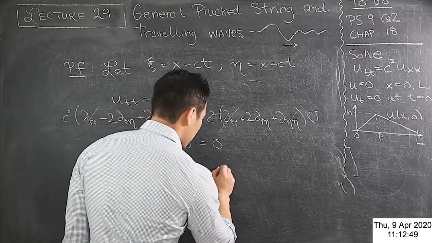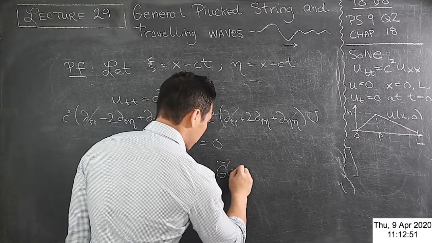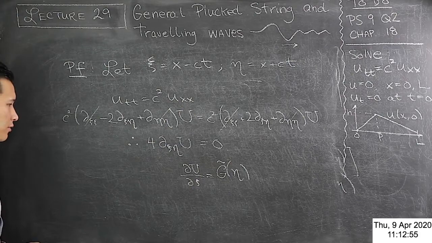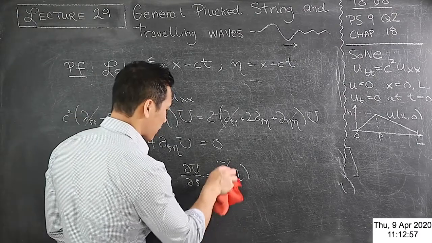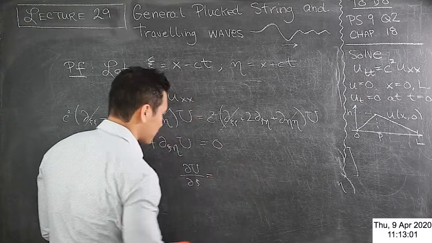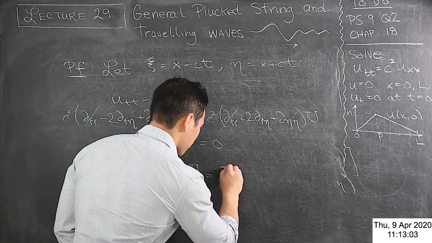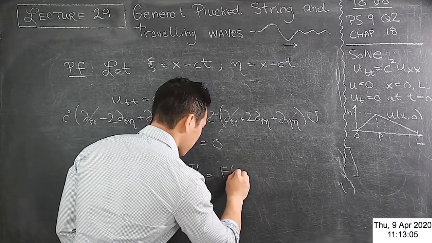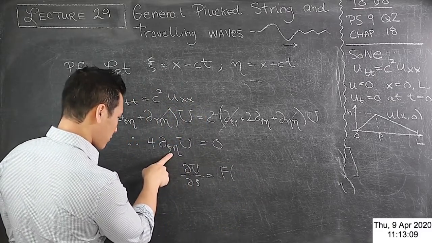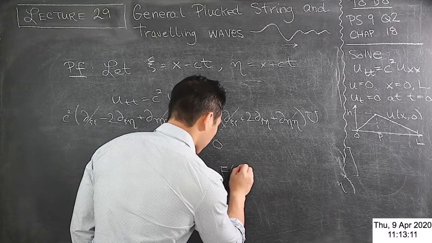Let's call it g tilde of xi. I don't need to call it g, a temporary function. No, I don't need it. I can call it, sorry, this is an f tilde of xi. I integrate in eta, and I get that.